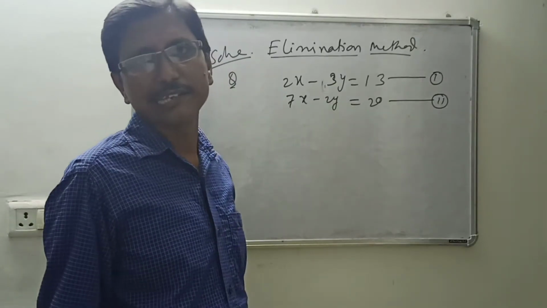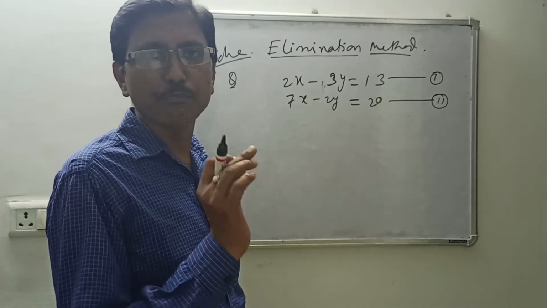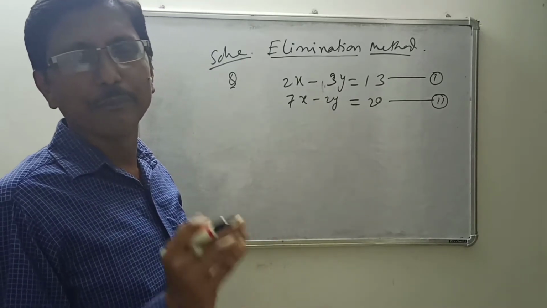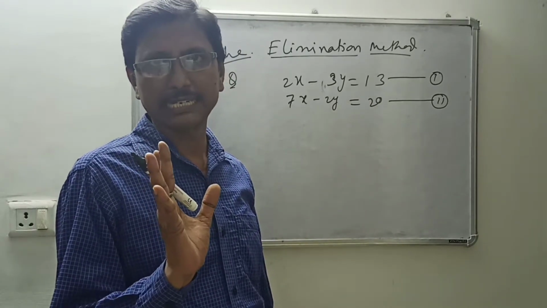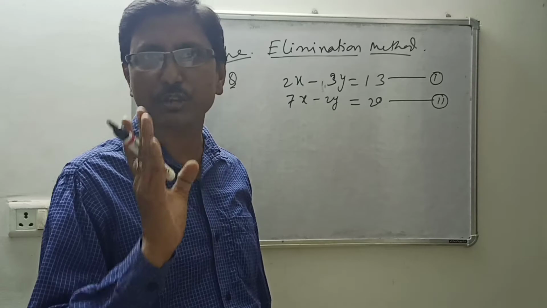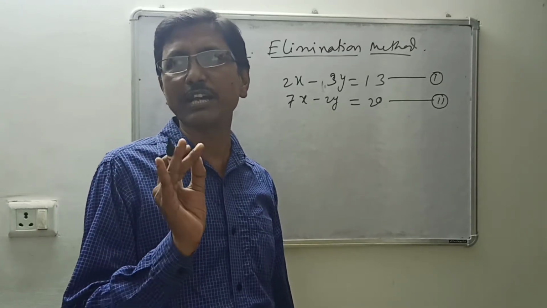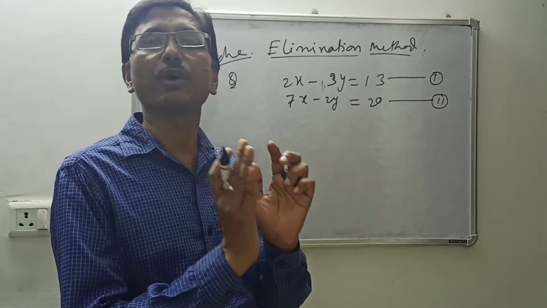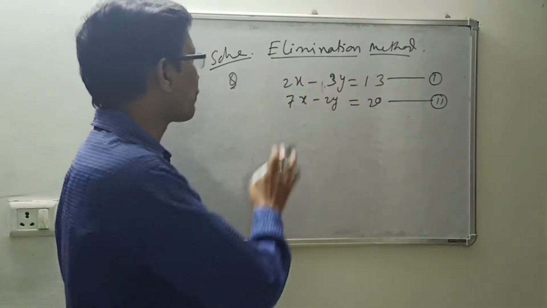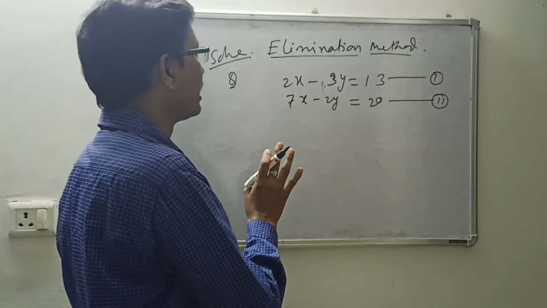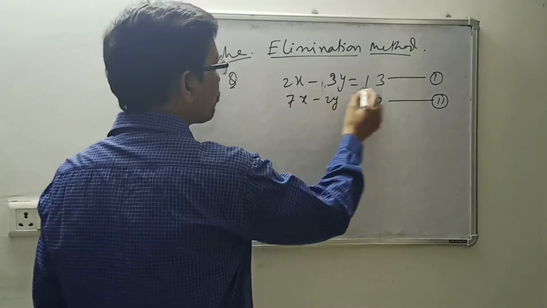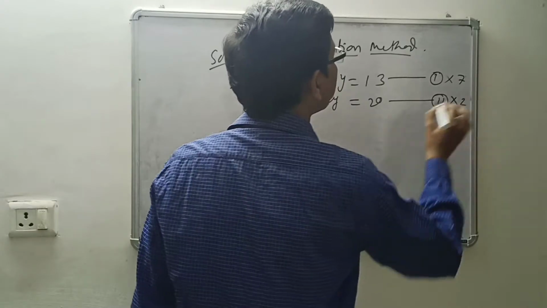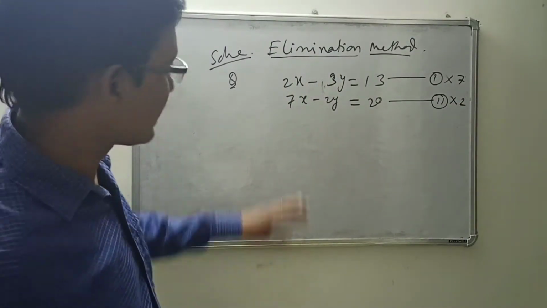The simplest method is to multiply equation 1 by the coefficient of x in the second, and equation 2 by the coefficient of x in the first. Here, equation 1 is multiplied by 7 and equation 2 is multiplied by 2.